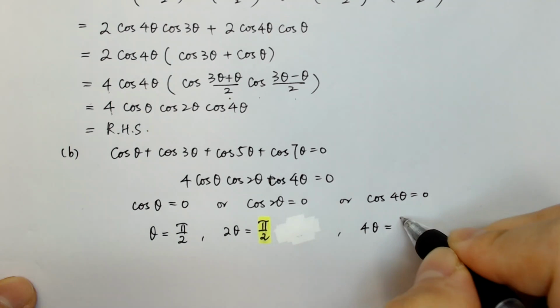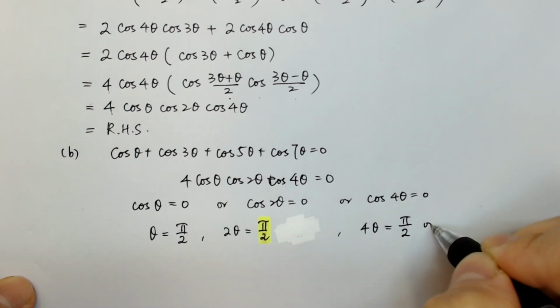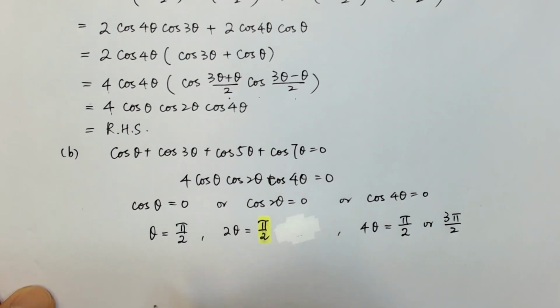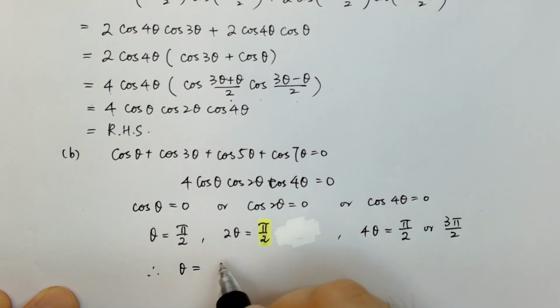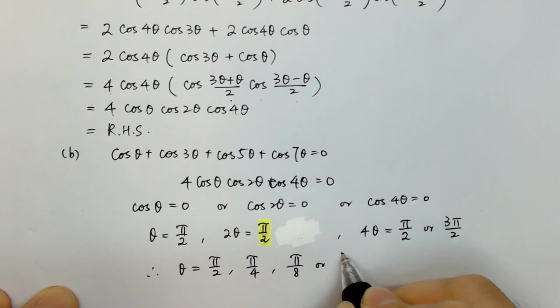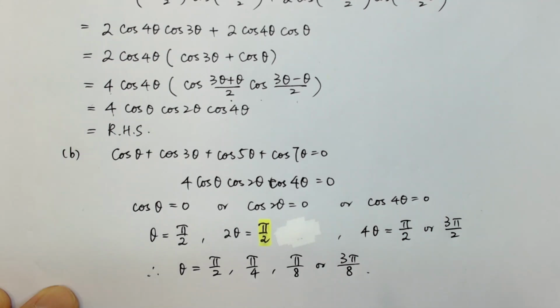So really we will have pi over 2 or 3 pi over 2. Okay. So in the end, we will have theta equals pi over 2, pi over 4, pi over 8, or 3 pi over 8. So we have 4 solutions for theta.